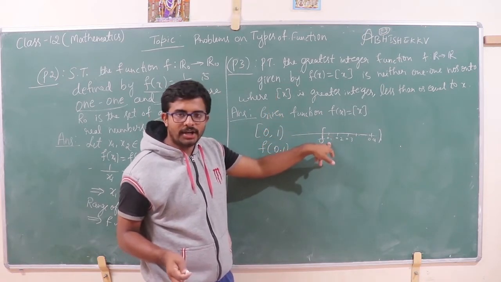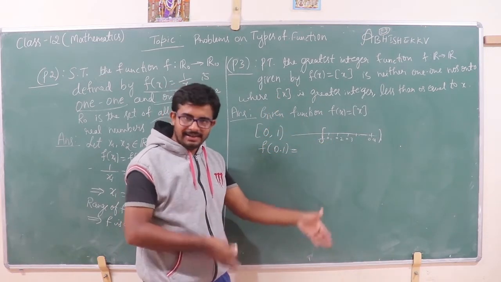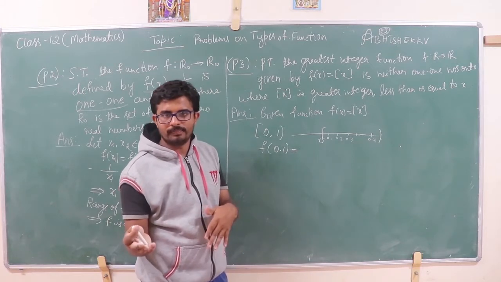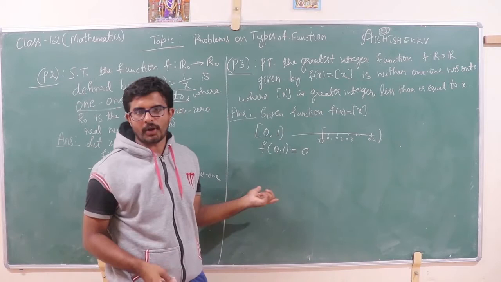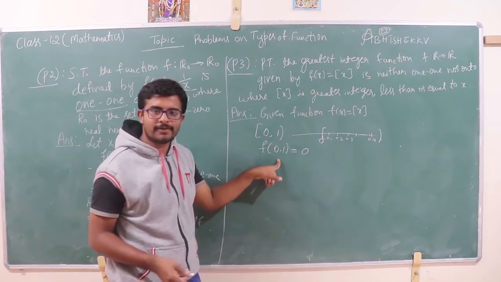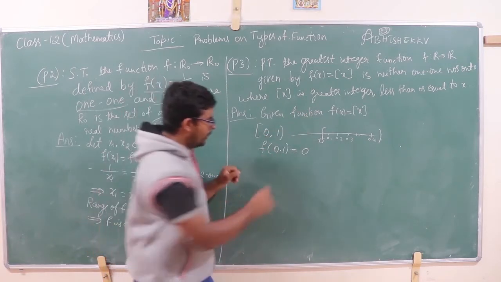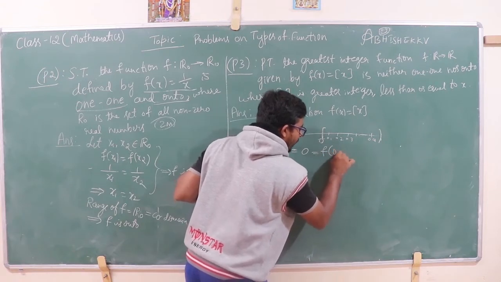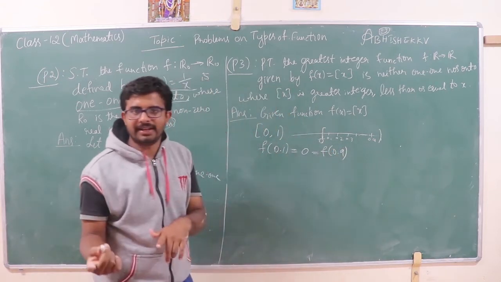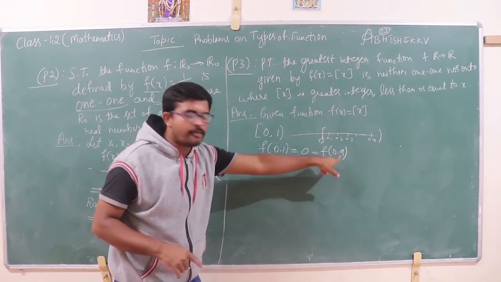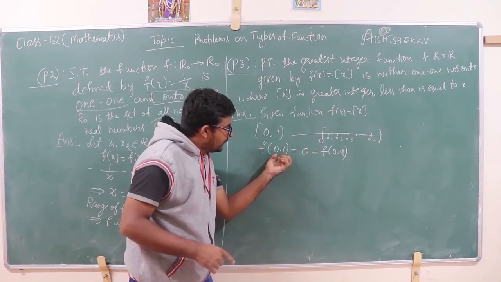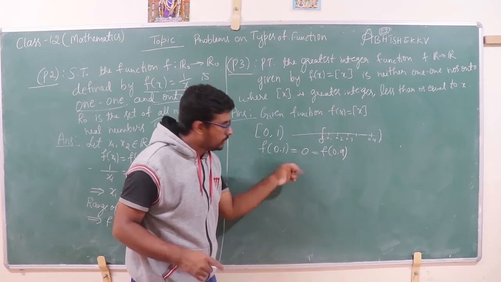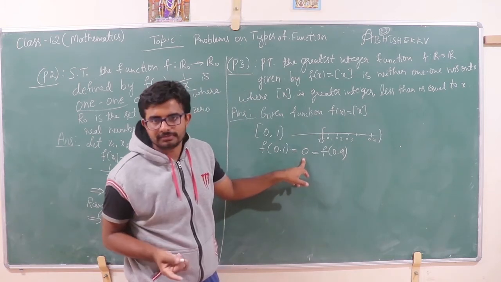So 0.1 is greater than 0, and 0 is less than or equal to 0.1. According to the definition, f of 0.1 is equal to 0. This is also equal to f of 0.9. If you consider 0.9, then the greatest integer of 0.9 is also 0. See, for distinct elements of input, you get the same output.